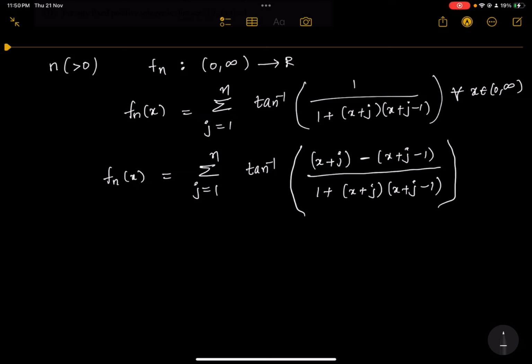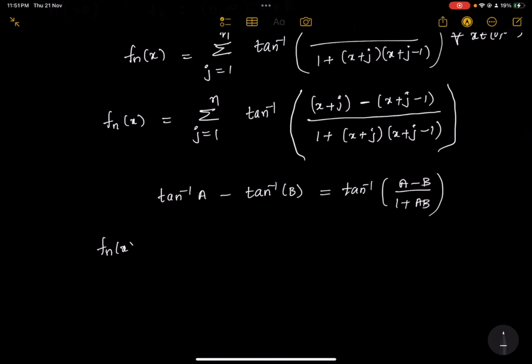This is the formula for tan inverse of a minus tan inverse of b. If you see the formula, it will be tan inverse of (a minus b) by (1 plus ab).